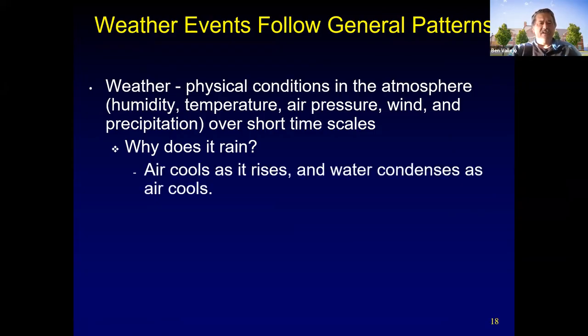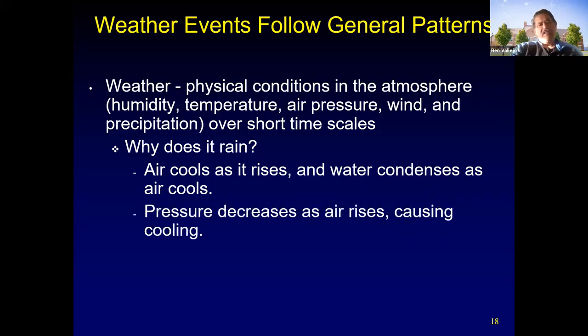Speaking of precipitation, why does it rain? It says here, air cools as it rises and water condenses as air cools. So the water condenses as air cools, and chemically speaking, less water can be in the form of water vapor when the atmosphere is cooler. The pressure decreases as the air rises, and so this also causes the cooling.